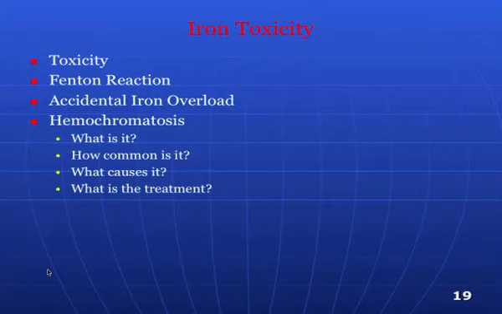So in hemochromatosis individuals, iron absorption efficiency tends to be 2 to 3 times normal. And they continue to accumulate iron, even when it's at high levels.